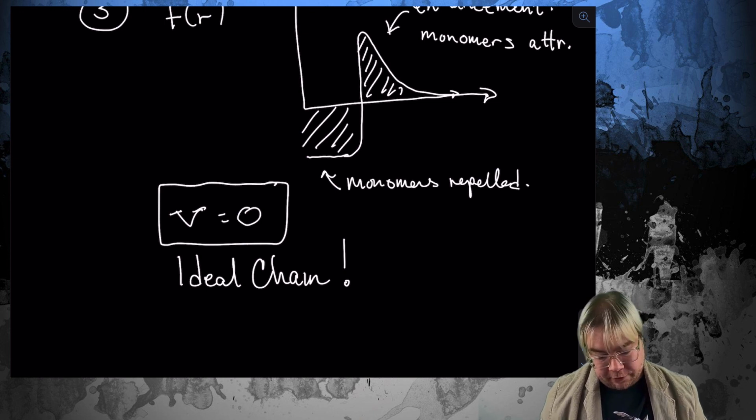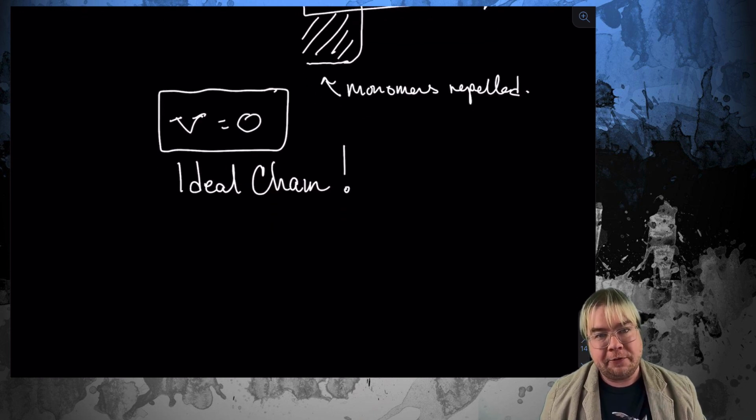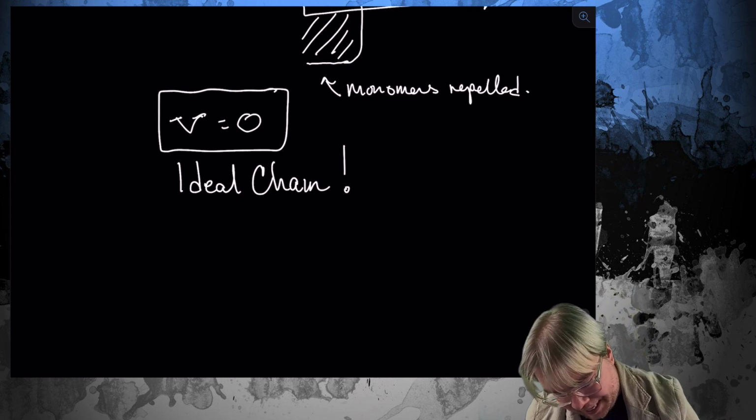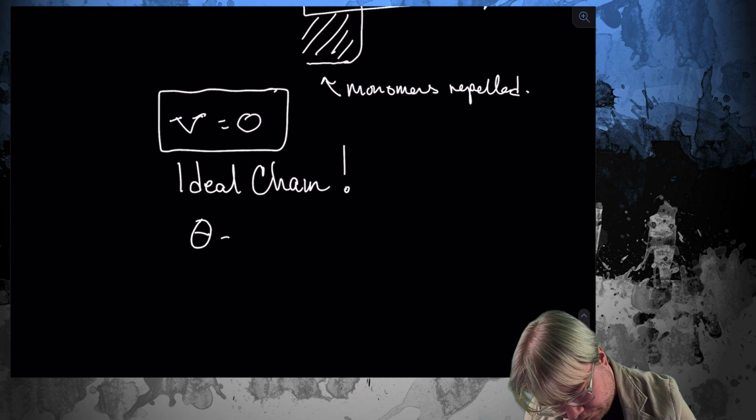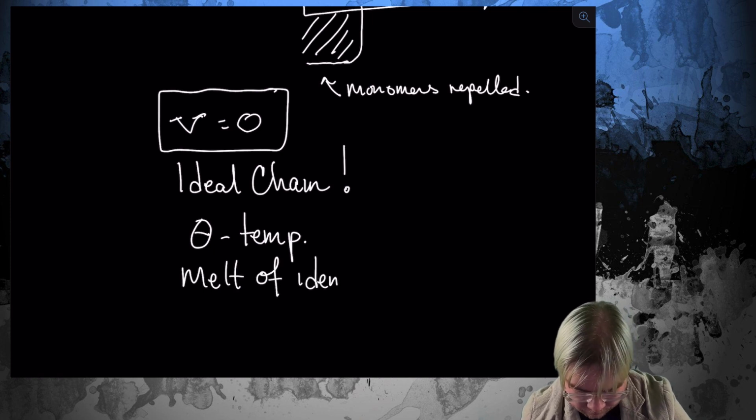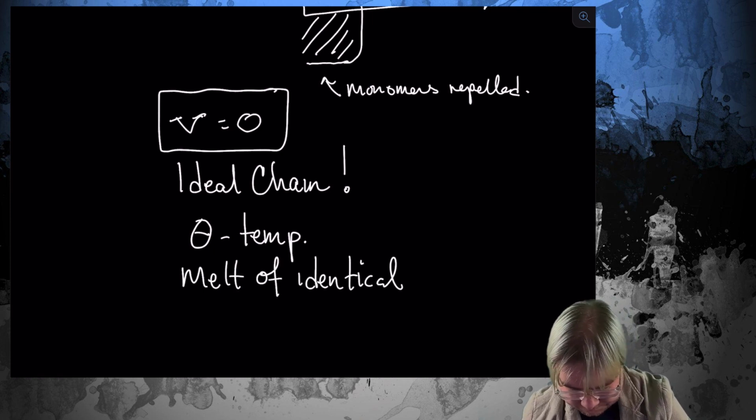So this does happen. There is a case where the excluded volume is equal to 0. And it's the result of screening out these interactions. So this happens at a certain temperature that we call the theta temperature, or it happens in a melt of identical chains.